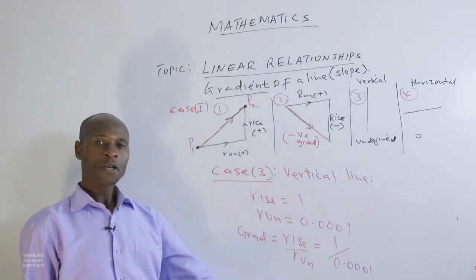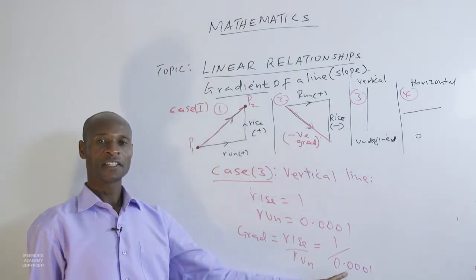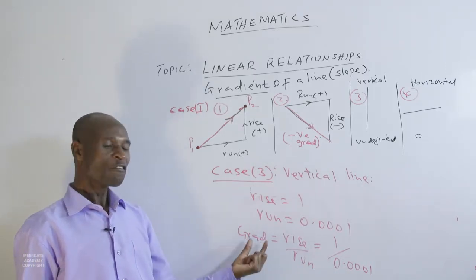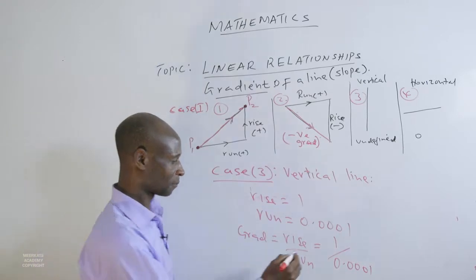If the value of the run tends to 0, what happens is the value of gradient increases.